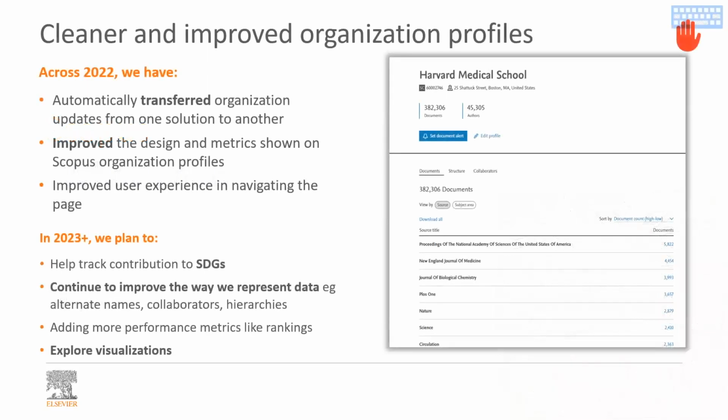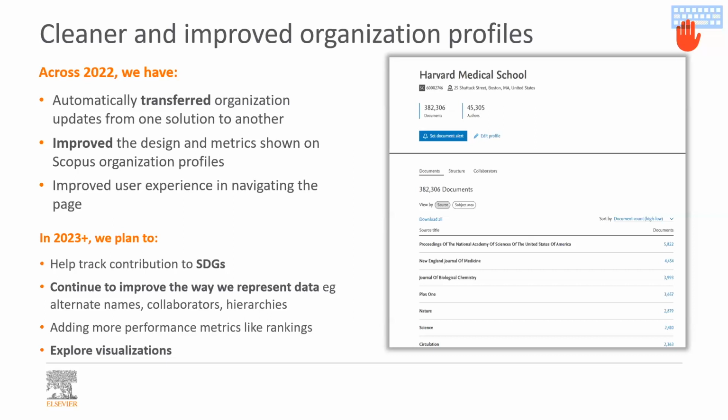So a lot of you might already be familiar with the org profile pages because this has been a central feature of Scopus.com, and on these profiles, you can learn a lot more about an organization's performance and document count, how it is structured, and what kind of work they collaborate on with other organizations and universities.